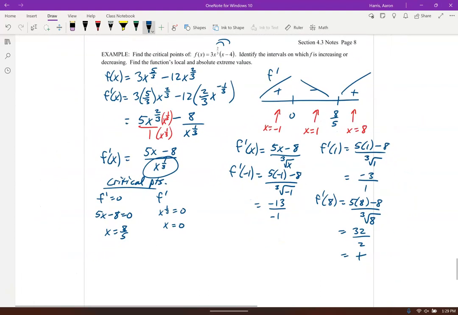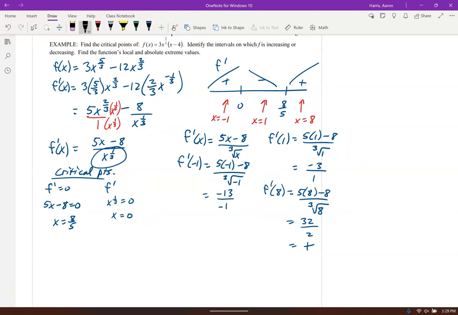Okay, let's go ahead and summarize this. Step 1 was to find our critical points. Step 2 is take the first derivative. We are increasing from negative infinity up to 0, and then again from 8/5 on.